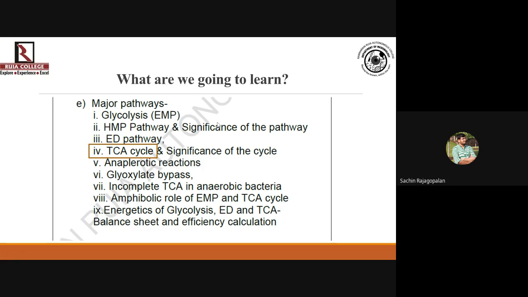And at the same time, the TCA cycle is also responsible for producing a lot of compounds which act as precursors, which act as raw materials for biosynthetic reactions, for anabolic reactions. Because of which the TCA cycle has a lot of significance, and it is also called an amphibolic pathway. The term amphibolic here basically means that it is involved in both catabolism and anabolism.